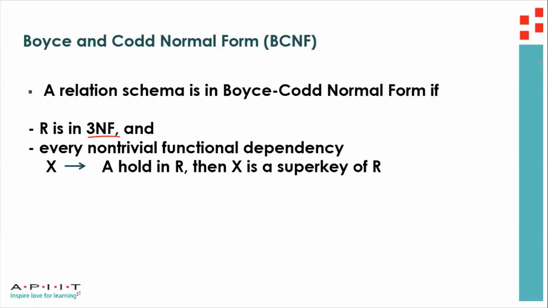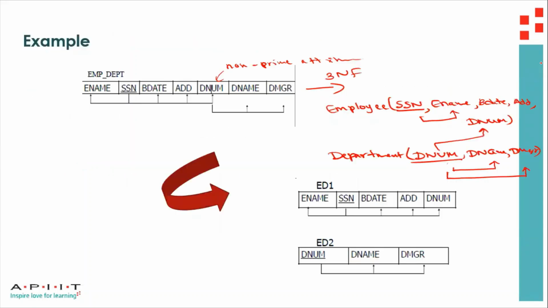But normally, if we follow all the normalization rules properly, definitely Boyce-Codd is available automatically in the relation. That's the idea.